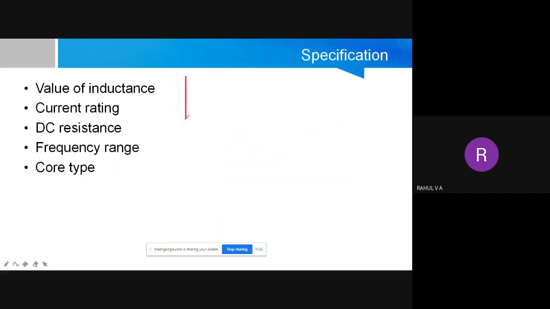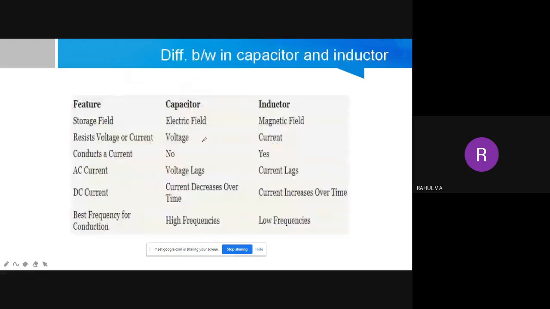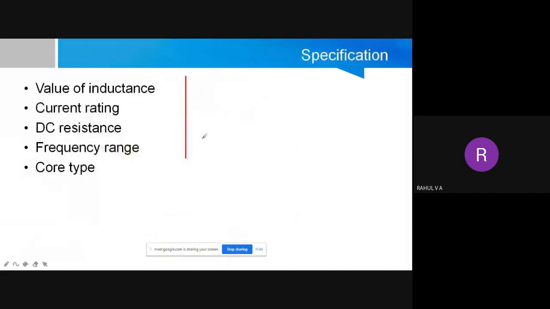Okay, about the specification of an inductor. The inductor is specified by core type. First point is core type, whether it is ferrite core, iron core, or air core. That is the first point. Then the second, value of inductance.